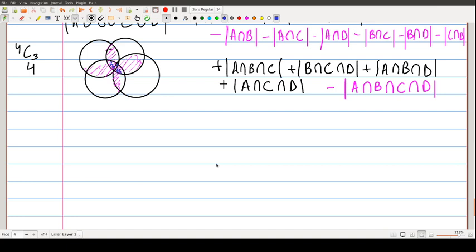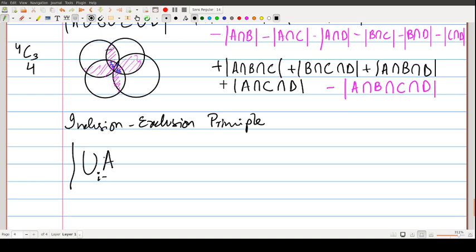If I want the number of elements in the union of the A_i where i goes from 1 to n, then this union is equal to, first, we sum up all the cardinalities, or the number of elements, of the individual sets, right?